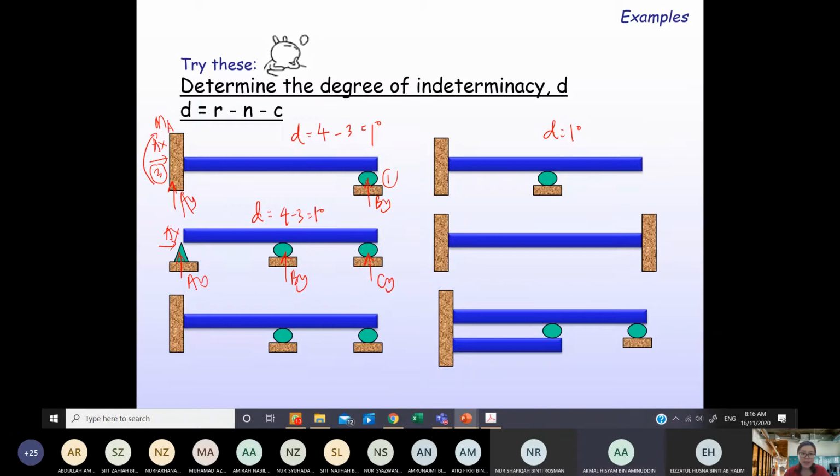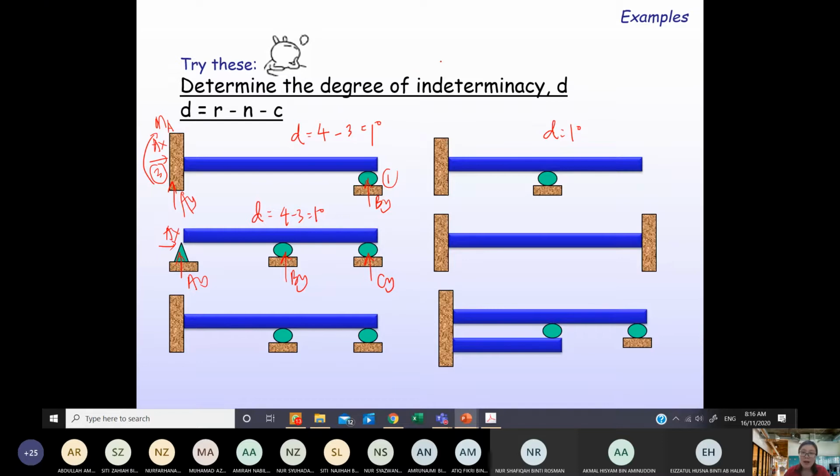You can remove BY, but you shall not remove AX. Remember that if you remove AX, this A becomes a roller, right? When there are three parallel support reactions, the system is going to be unstable. It's going to move. So we don't do that.